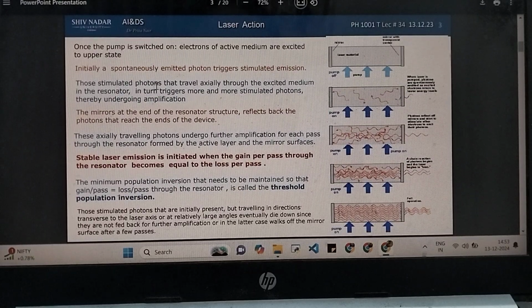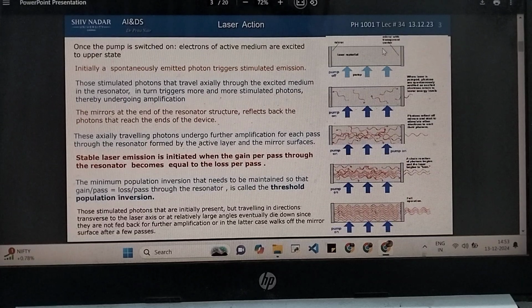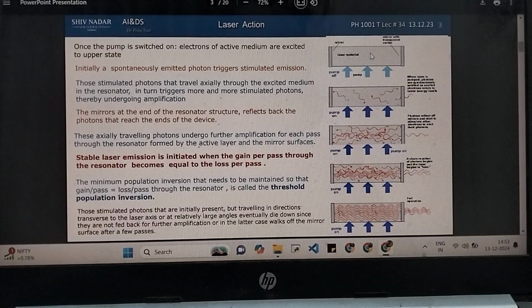First of all, you get one or two spontaneously emitted photons here, which travel across the resonator in random directions, random phase, and the electrons which are now in your upper level are triggered by those photons to release more photons themselves. So they also start releasing photons and coming back. So that is stimulated emission.